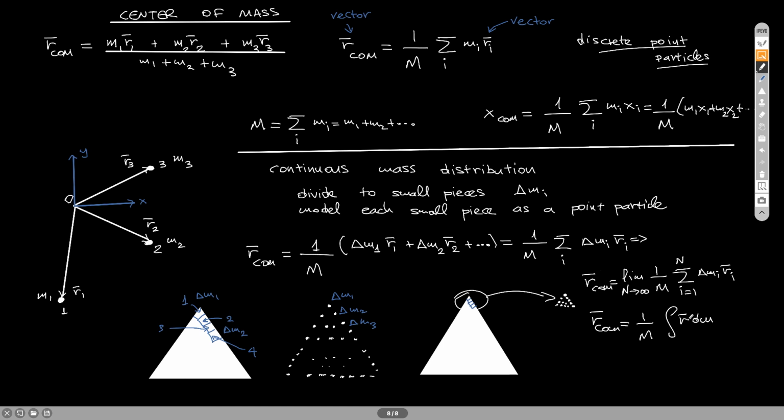Now, when you see an integral in the calculation of the center of mass, I do want you to remember that the integral is really a sum where you have a very large number of terms, a very large number of pieces. And because we also have one way to write this, it is easier to integrate over the volume rather than the mass.